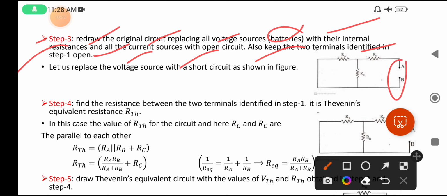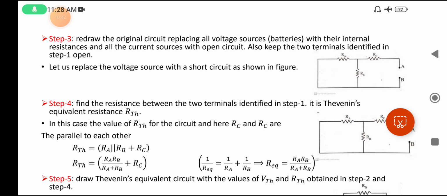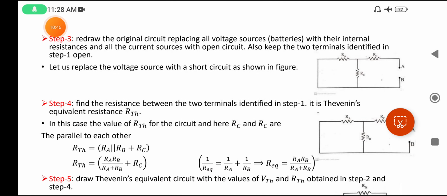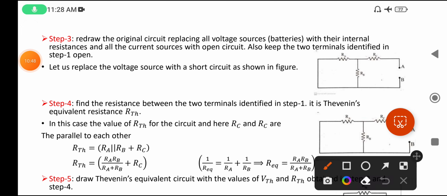Okay, and what he is saying is redraw the original circuit replacing the voltage source. So at the beginning there was one voltage source here; now it is replaced, meaning short circuited, with its internal resistance.